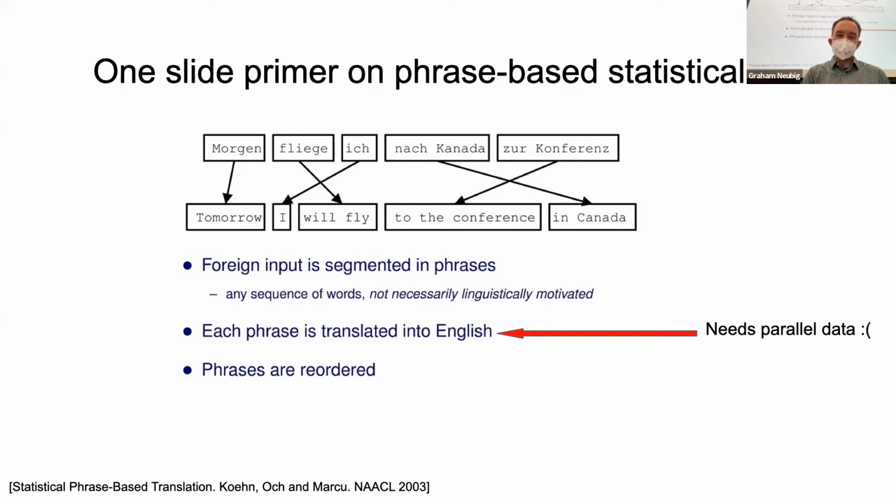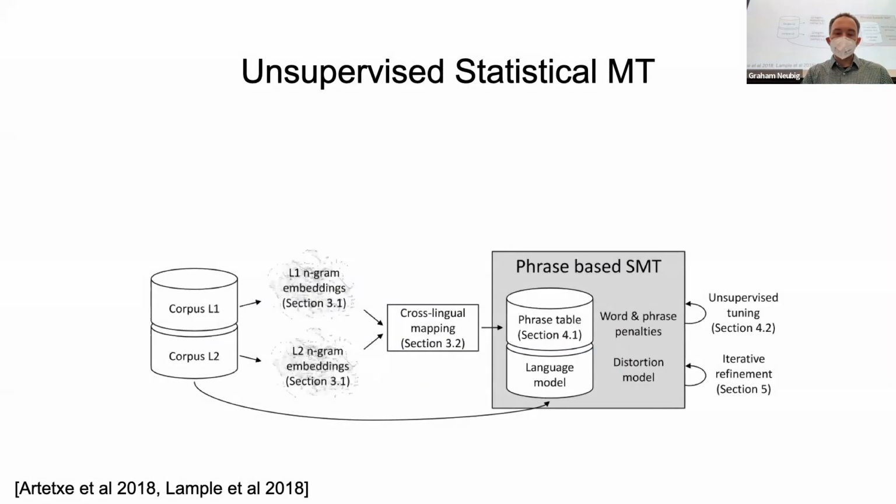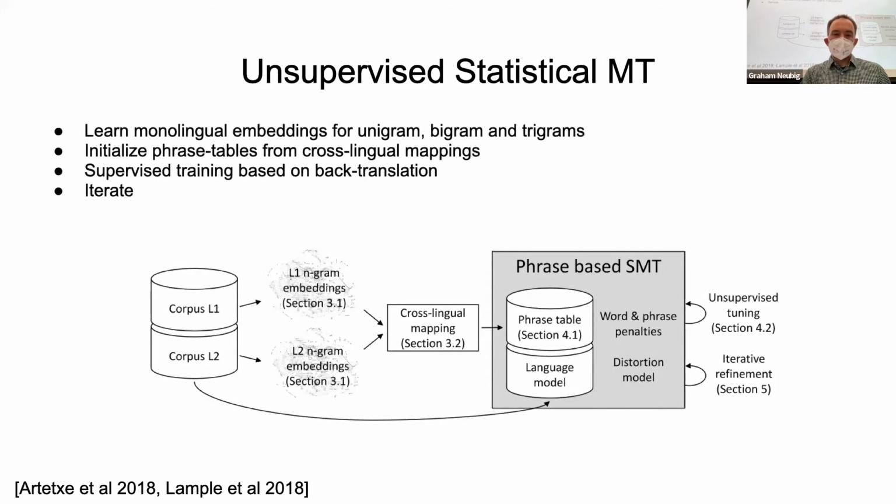So the segmenting into phrases is easy. The reordering is not easy, but possible. But in order to translate each phrase, you need parallel data for this. And that's a problem in unsupervised MT, of course. The way unsupervised statistical MT could work, which is also detailed in these two papers by Artetxe and Lample, is you learn monolingual embeddings for unigrams, bigrams, and trigrams.